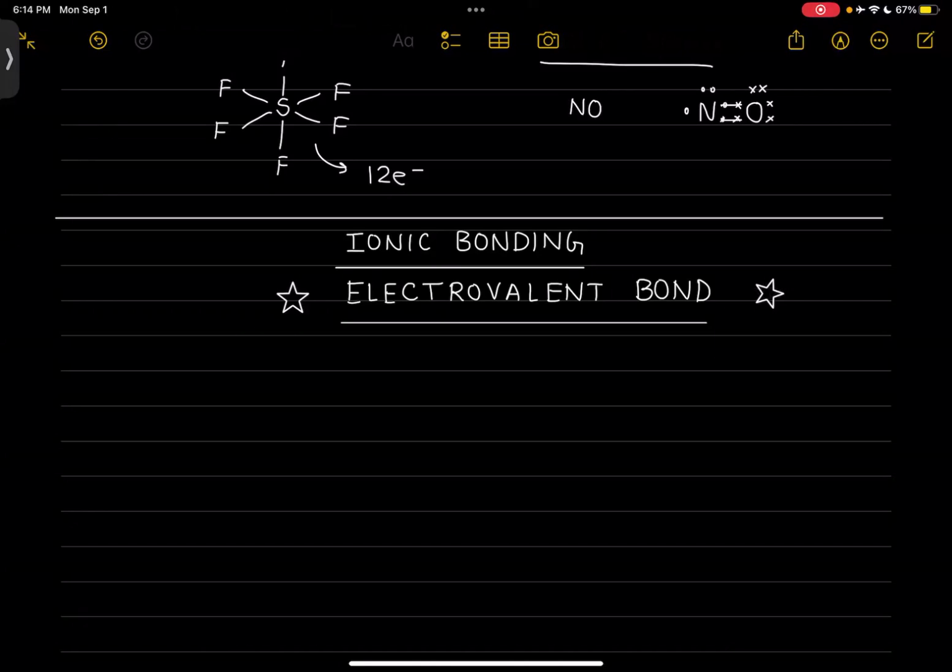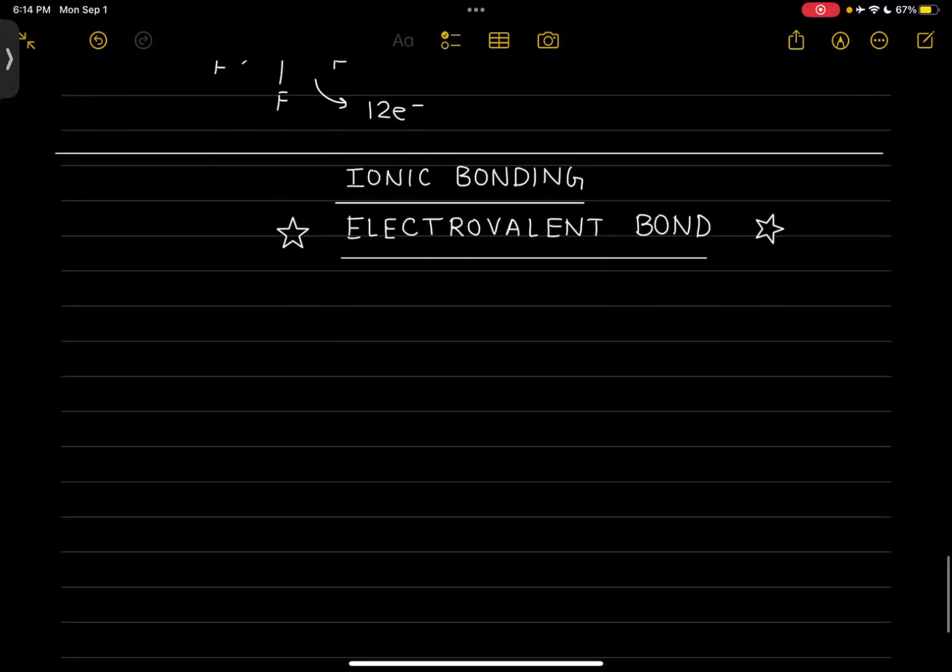NaF I have already told you. Let's discuss one more example. Suppose you try to form calcium fluoride, how you are going to do that? Just quickly tell me. Calcium, the atomic number is 20, right?